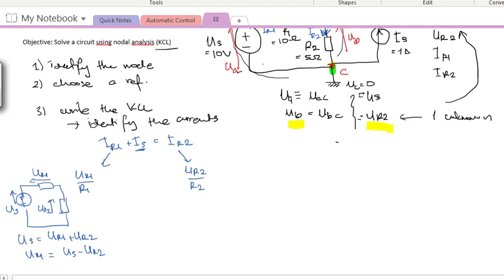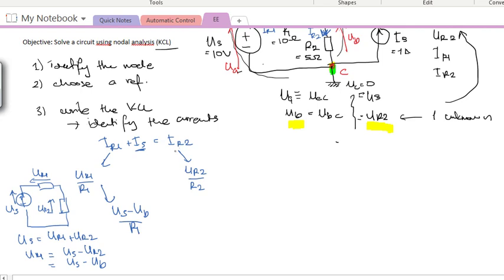So it is now also equal to US minus UB. So now UR1 over R1 can be written as US minus UB over R1. So that is the unknown in this equation now.